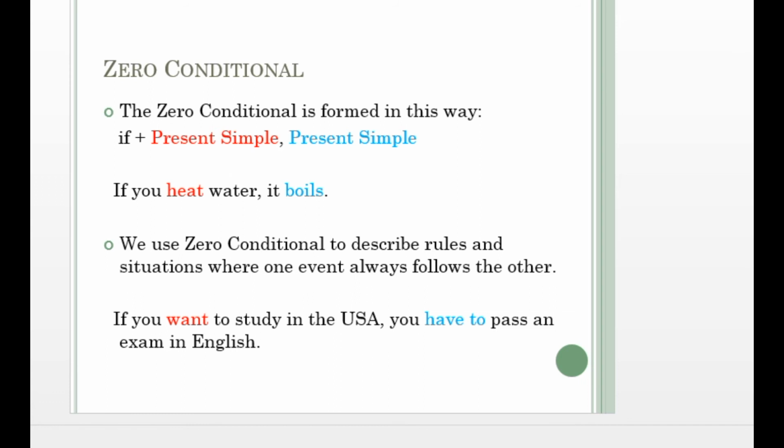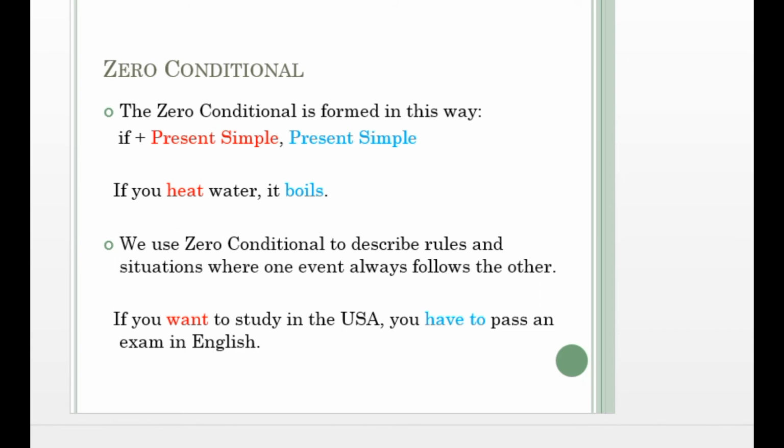If plus the present simple, and in the main sentence I use the present simple. Example, if you heat water, it boils. If you heat, if plus the verb in the present simple. The main sentence, boils, in the present simple.